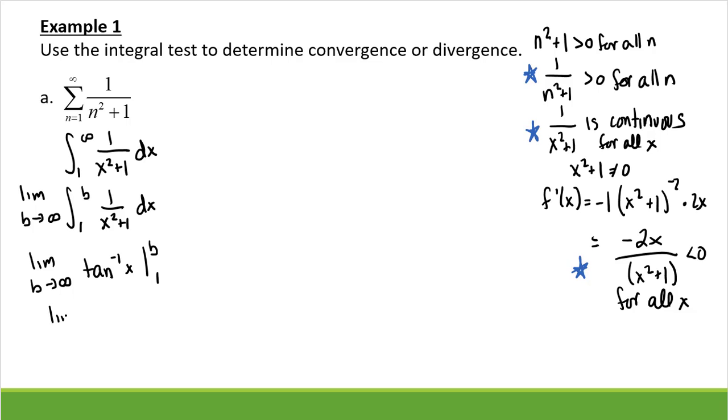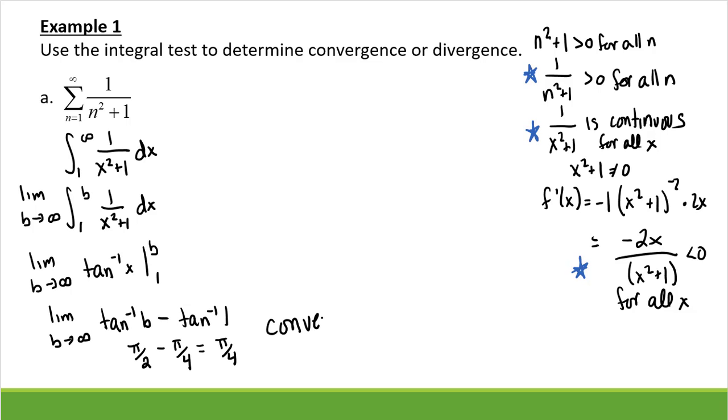So as I go through all this math, as b goes to infinity, inverse tangent goes to pi over 2, and inverse tangent of 1 is pi over 4, so this equals pi over 4. I got a value, so I know that this converges.